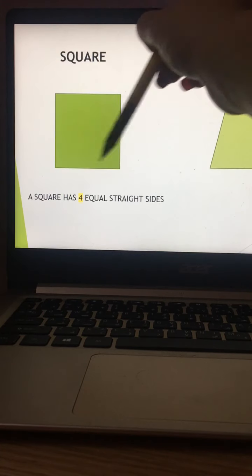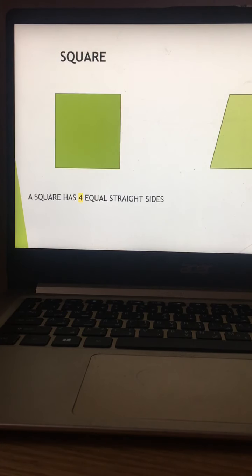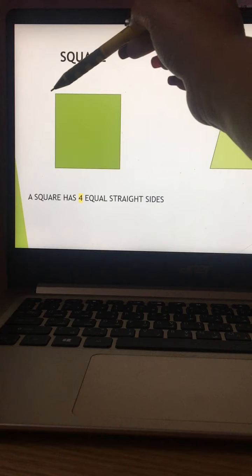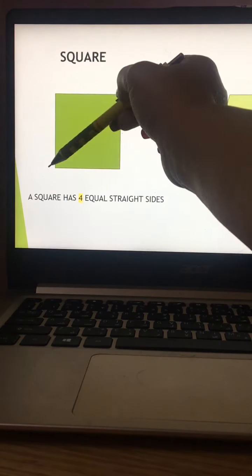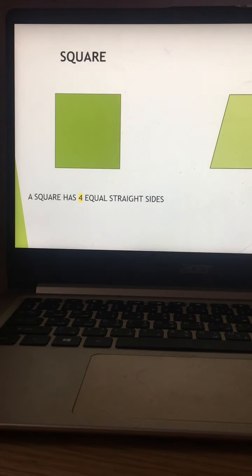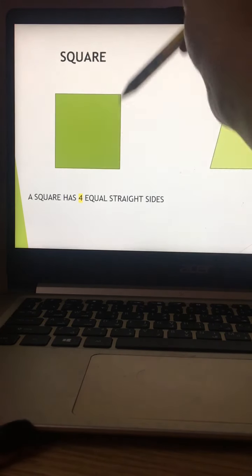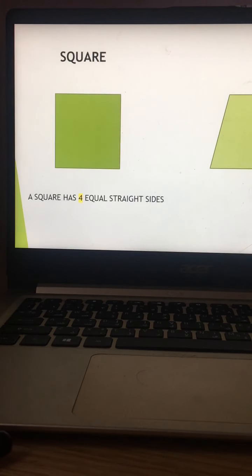Equal means the same. As you can see, this side is the same as this side, the same as this side, and also this side. So the 4 sides of the square are equal.